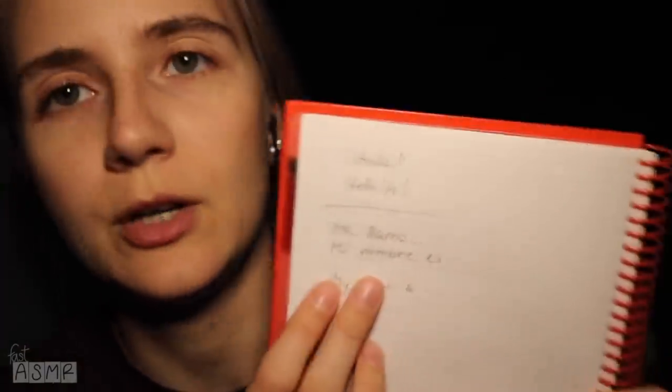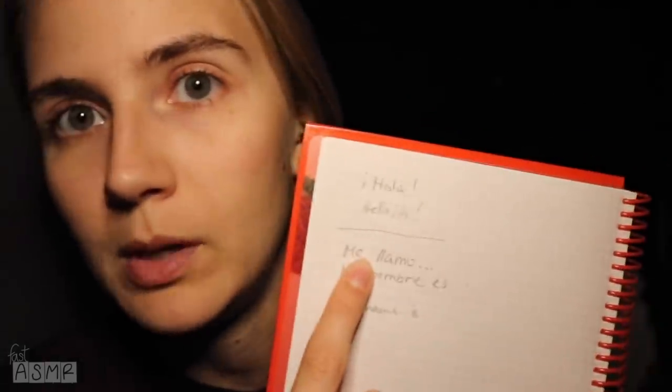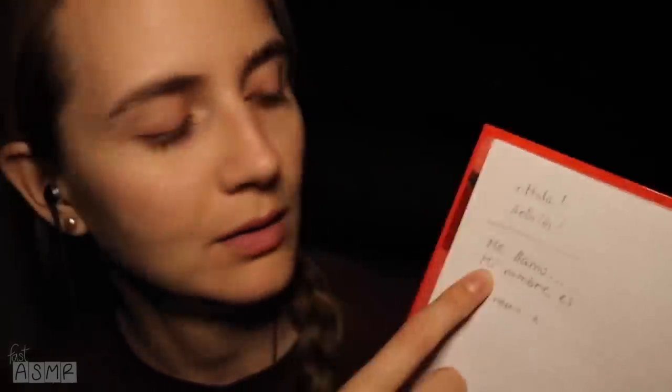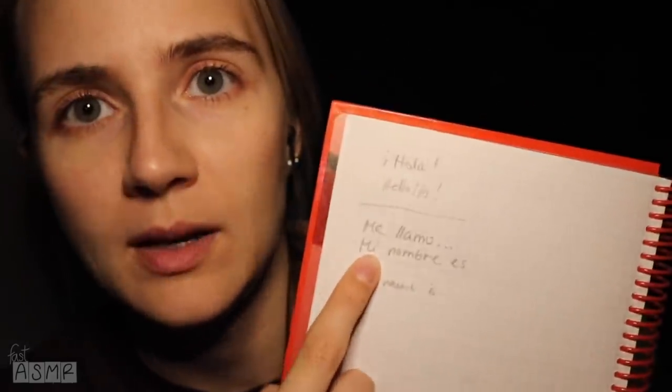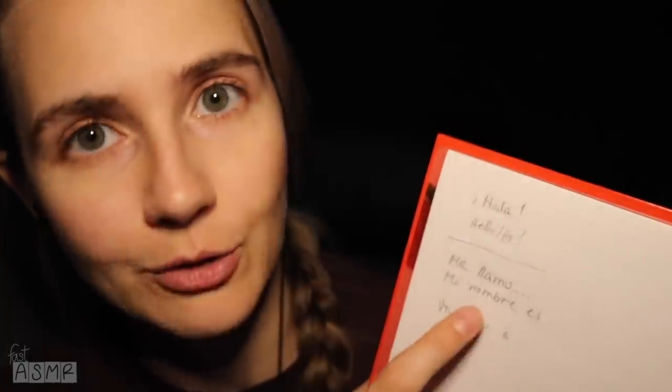So, if you want to introduce yourself and tell people what your name is, you just say, me llamo. Me llamo Juan, for example. You could also say, mi nombre es Juan. That would literally mean, my name is Juan.